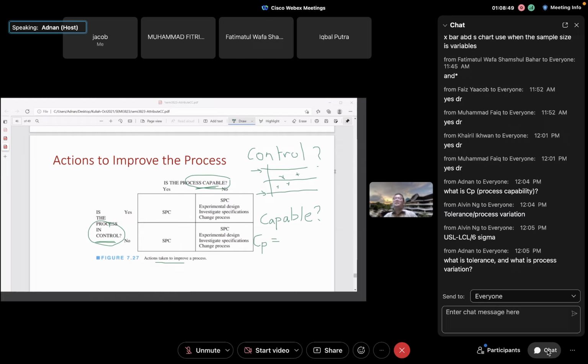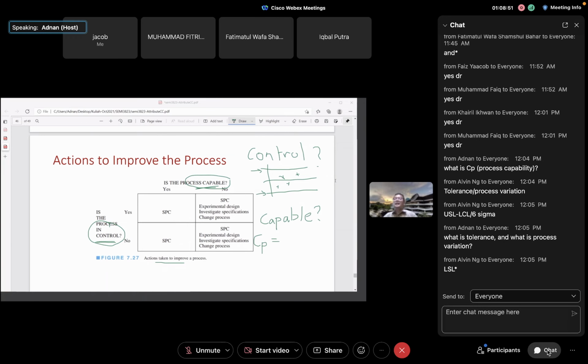Very good, Alvin again, the others did not answer. Why? So tolerance is basically the specification. You put upper specification minus lower specification. How come control limit and specification? So that is not correct, Alvin. You make the correction there.